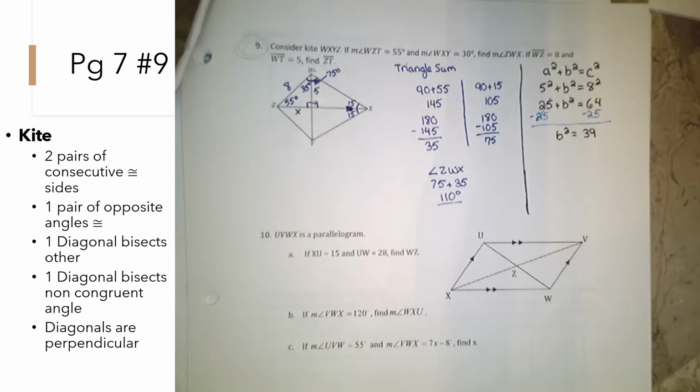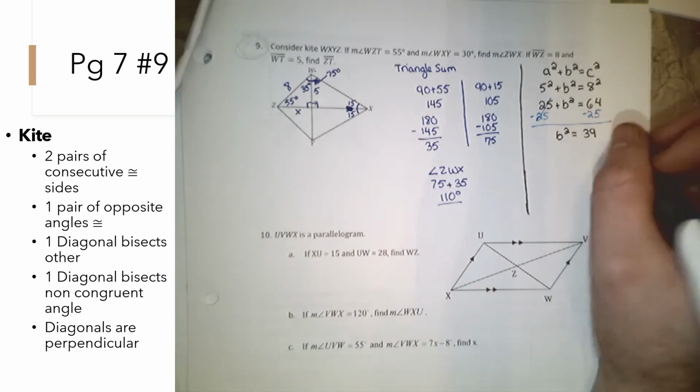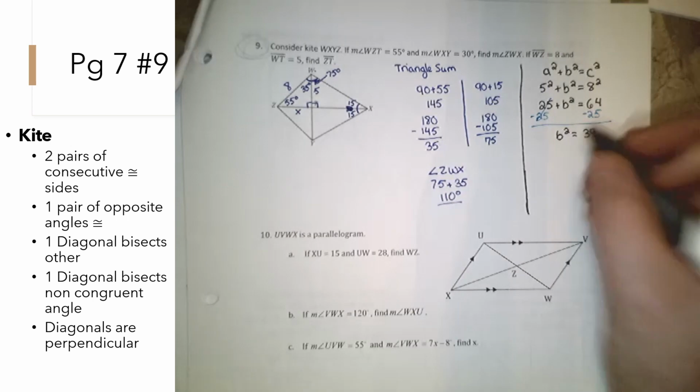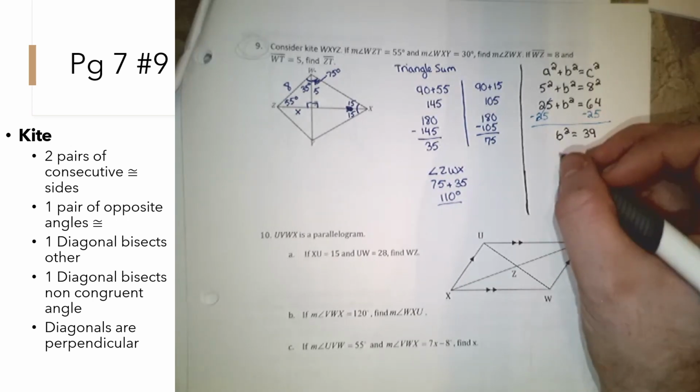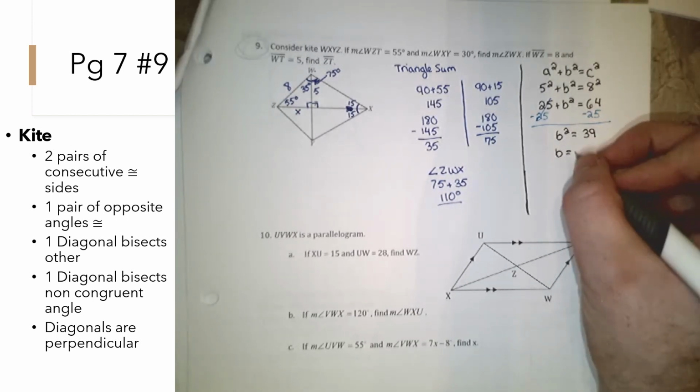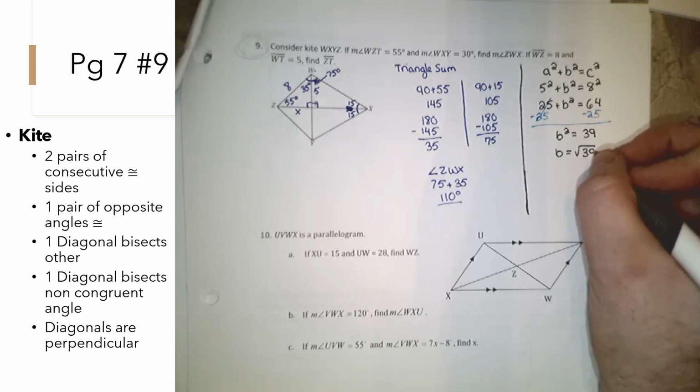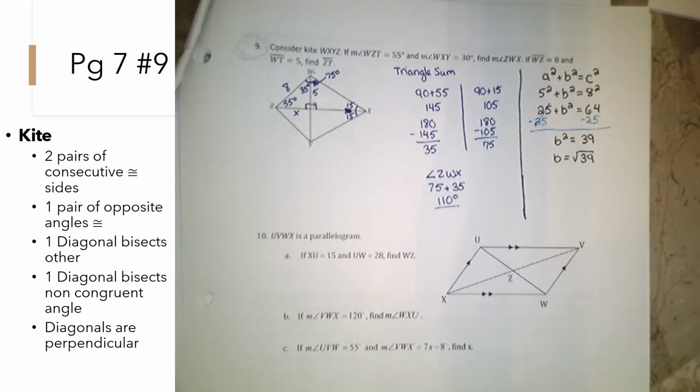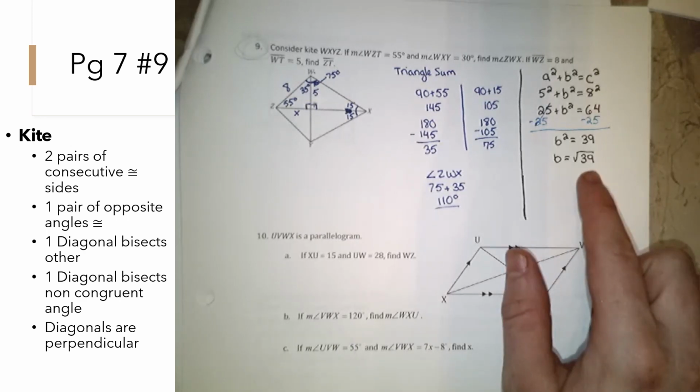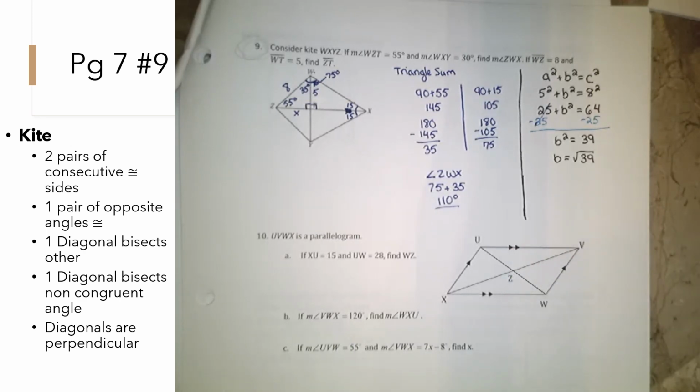Now I want to get b by itself, and the way you get rid of a square is through a square root. So square root of 39, and you can't put that in any simpler radical form. So I'm just going to go ahead and keep my answer like that. So the length of ZT is the square root of 39.